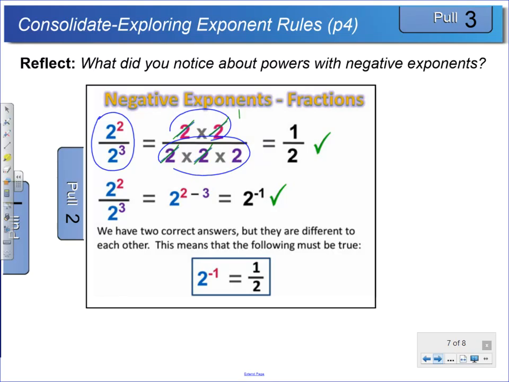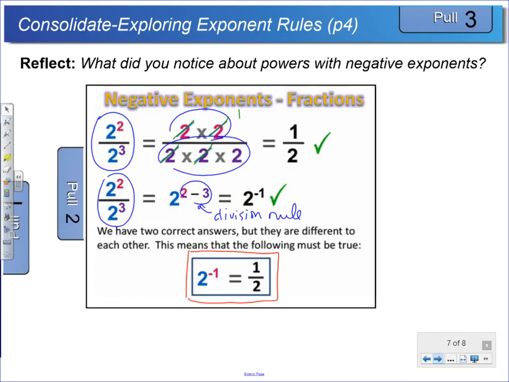a value of 2. Down here, again, using the same expression, but applying the division rule for exponents, we end up with 2 to the minus 1. So because we started with the same expression, producing 2 different answers, those 2 different answers are equal to each other.